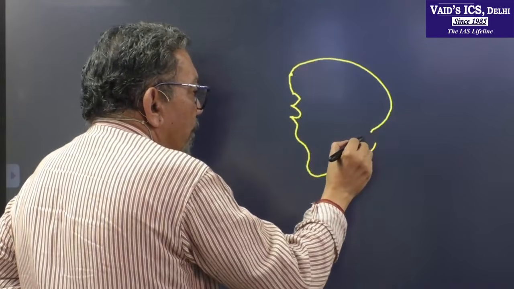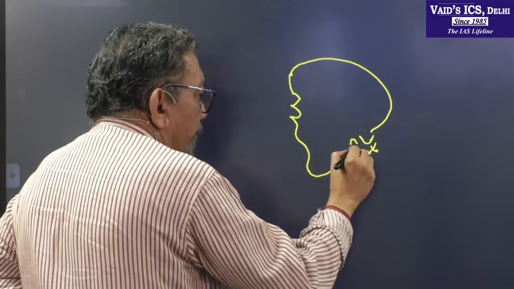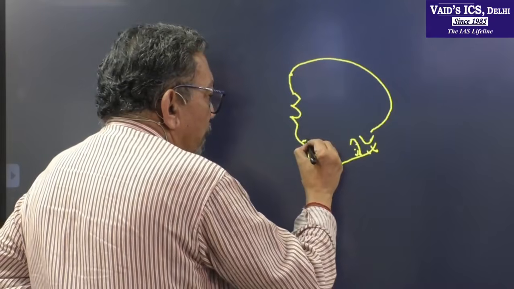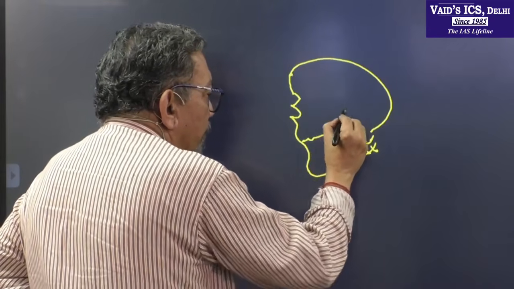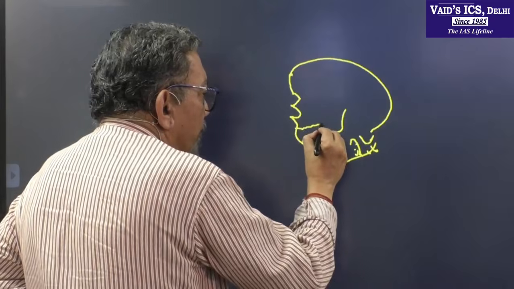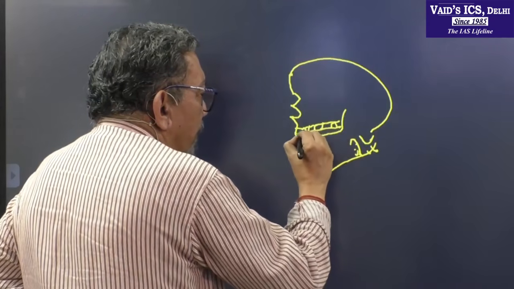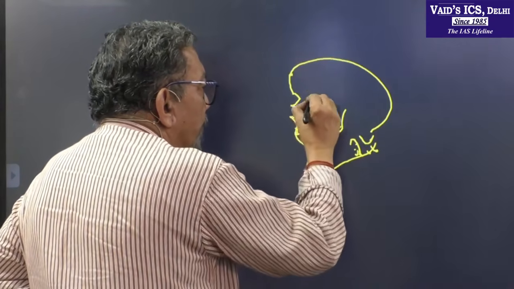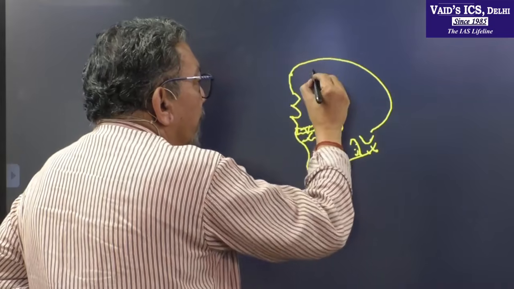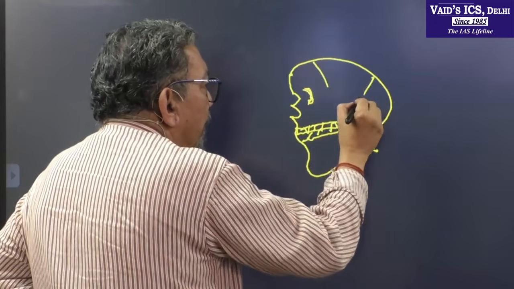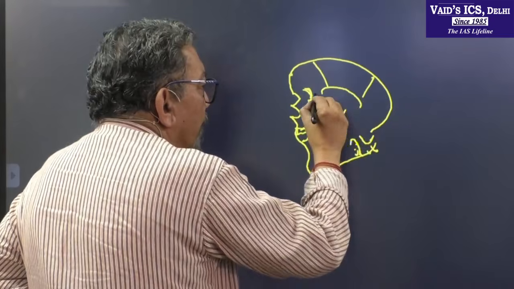That's it. Then the number of teeth must not be more than 6 or 7, because total is 8. From the side you don't see all of them, and it is never smooth, the joining. This is the orbit, then this is frontal, parietal, temporal, zygomatic.